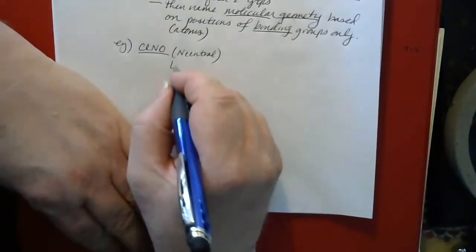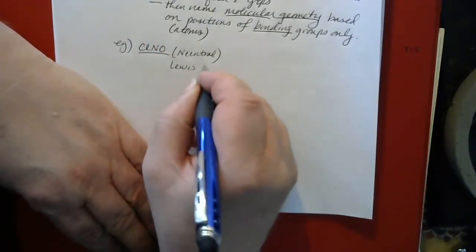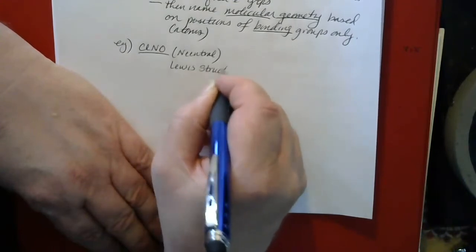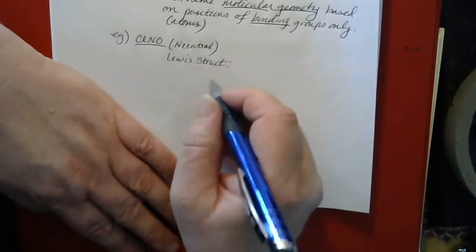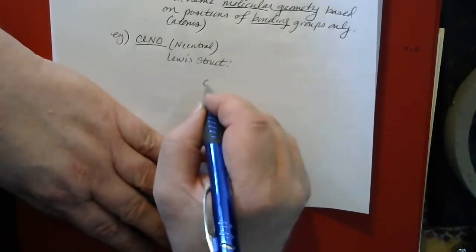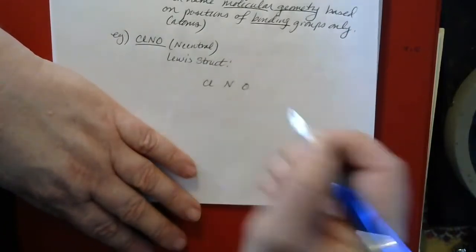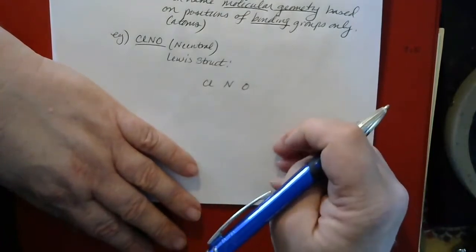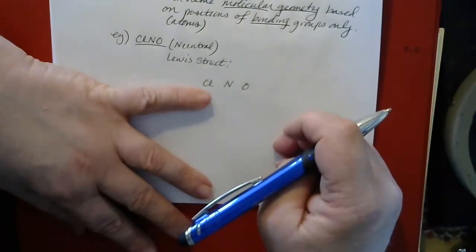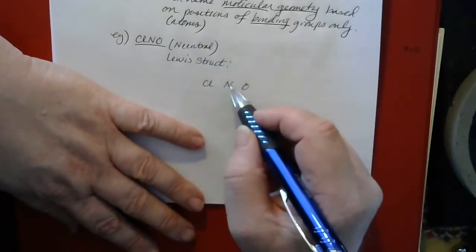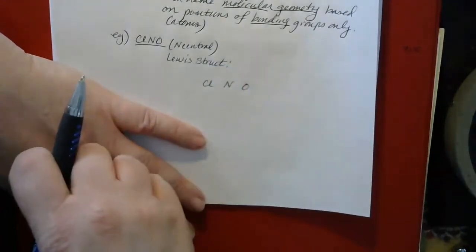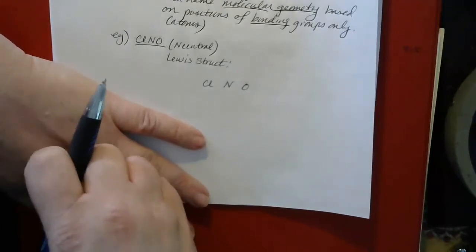And when we do the Lewis structure, well, first of all, let's actually do that. The first step to a Lewis structure is place the atoms in the correct relative positions, or in other words, the skeletal structure. So we know that nitrogen is in the center. It wouldn't matter if we switched the chlorine and the oxygen, as long as the nitrogen's in the center.